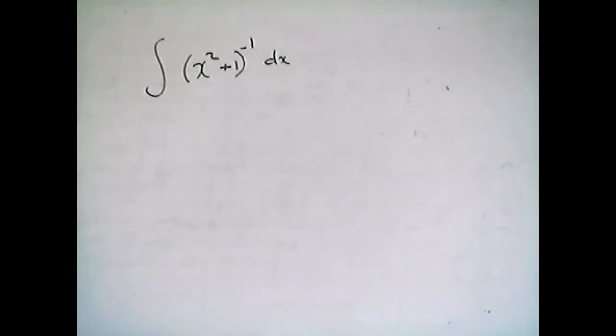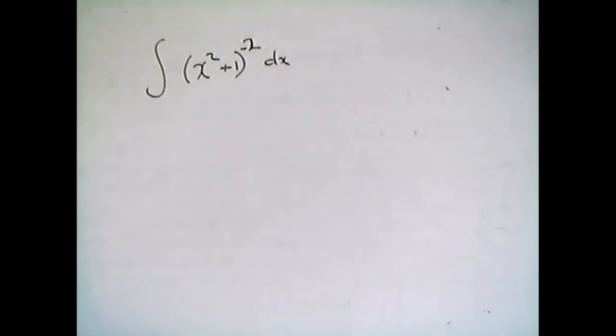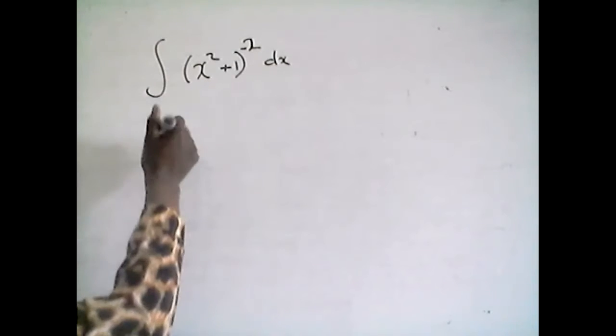If I may pose a question, guys, what is the integral of what I've written on the board there? Let me put two. So what is going to happen here is you're going to integrate, first of all, that thing that is outside there.